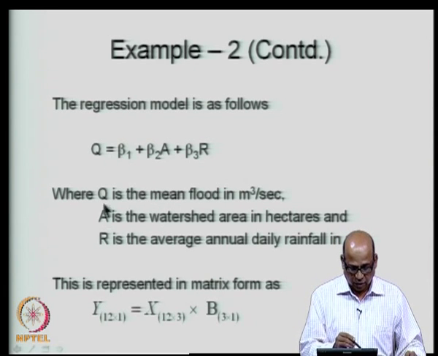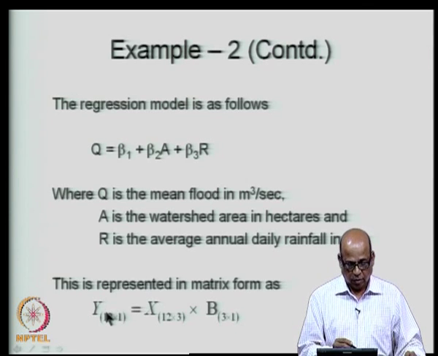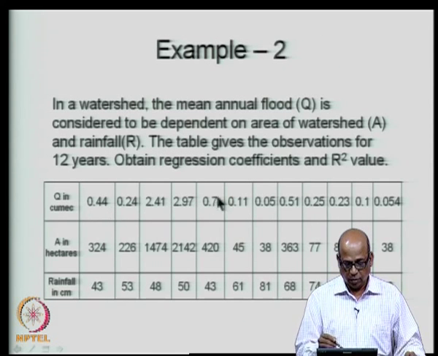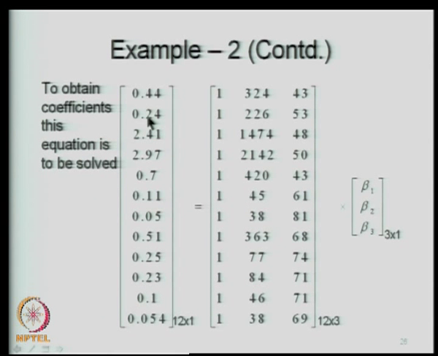So, we will express this in our usual notation as y as the dependent variable and x as the independent variable matrix, and then b, this is a capital beta, as the parameter vector. So, we have these values now, these are the observed values. This is y and this is x 1 and this is x 2. That is what we write here. These are the observed values of y, and as I said, the first variable we make as 1.